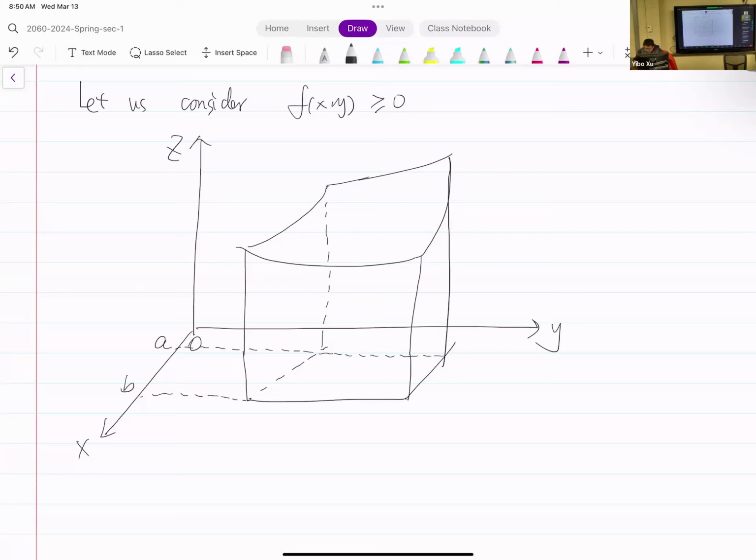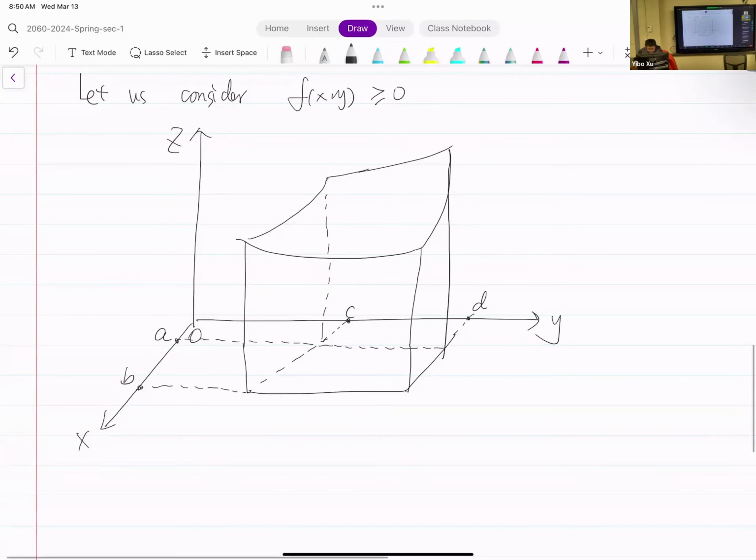Okay, and similarly for y, it's going to start from c and end at d. So that's c and d. And here we know that the region at the bottom is actually a rectangle. So that's what we know.